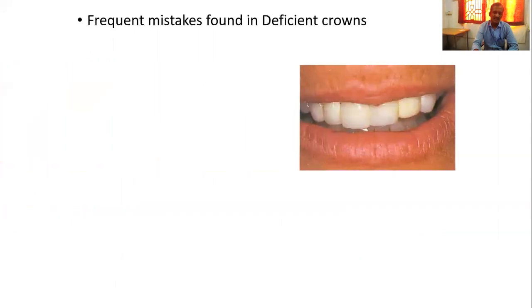Since it is in the anterior part of your mouth, more readily visible, the tooth replacement is a big issue. It should be restored properly. The frequent mistake clinicians make is ending up with deficient crowns.